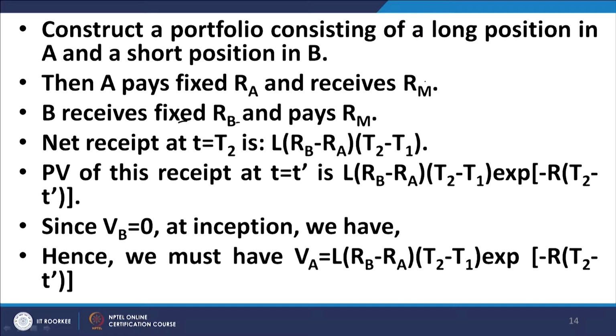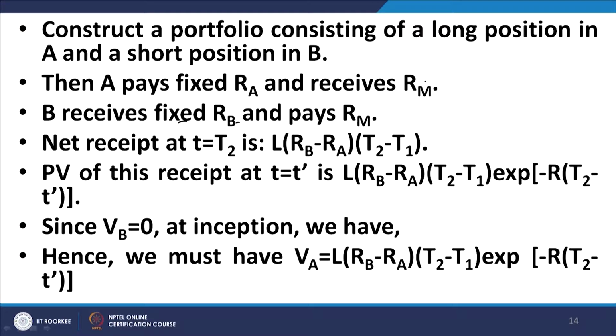On one FRA you are receiving RM, on the other FRA you are paying RM. So, they will simply cancel out, and so the net result is that on this combined portfolio, which consists of long position in A and short position in B, you receive RB and you pay RA. So, the net inflow on this portfolio is L (RB minus RA) into (T2 minus T1).